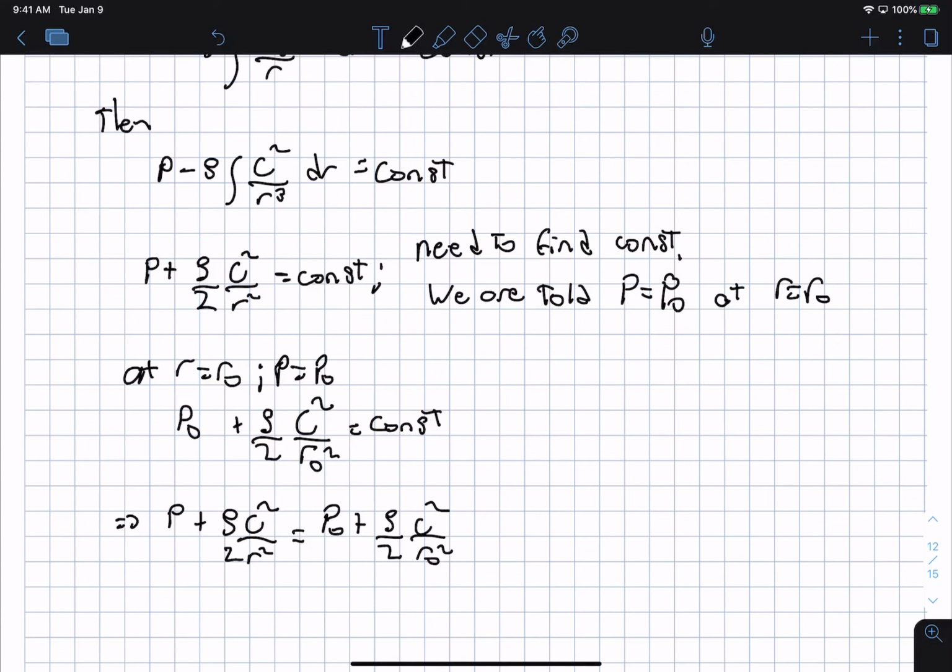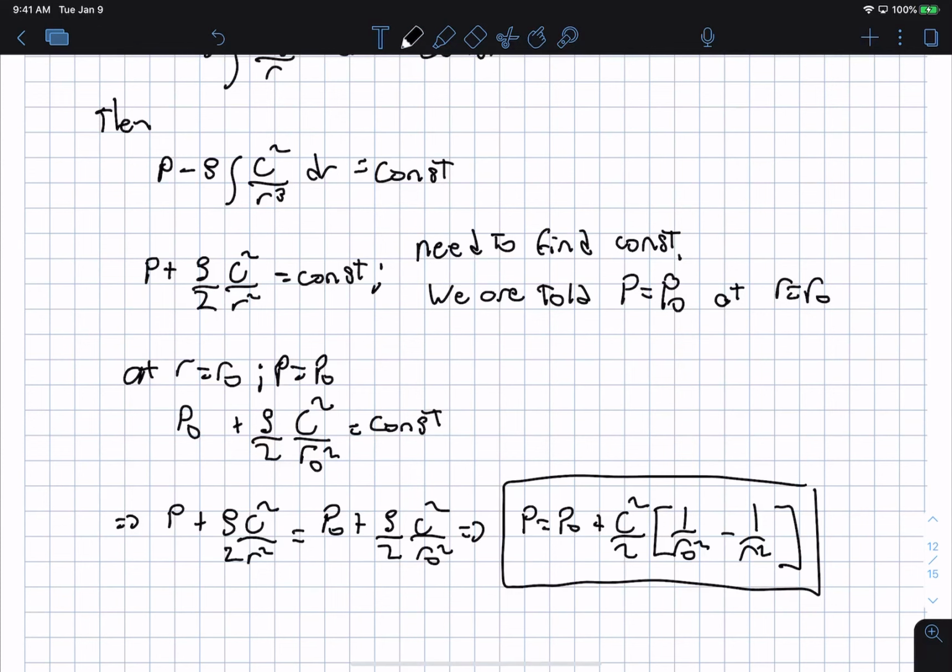Or, doing some light rearranging, we have that P equals P naught plus rho c squared over 2 times 1 over R naught squared minus 1 over R squared. So that is our final expression.